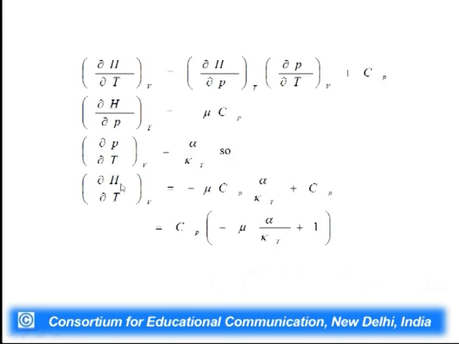So, we can simply write del H by del T at constant V is equal to minus mu Cp alpha by kappa plus Cp, and so you can take out Cp common and you are left with minus mu alpha by kappa plus 1. Now, we will see how to calculate del H by del P at constant T equal to minus mu Cp in a few slides.